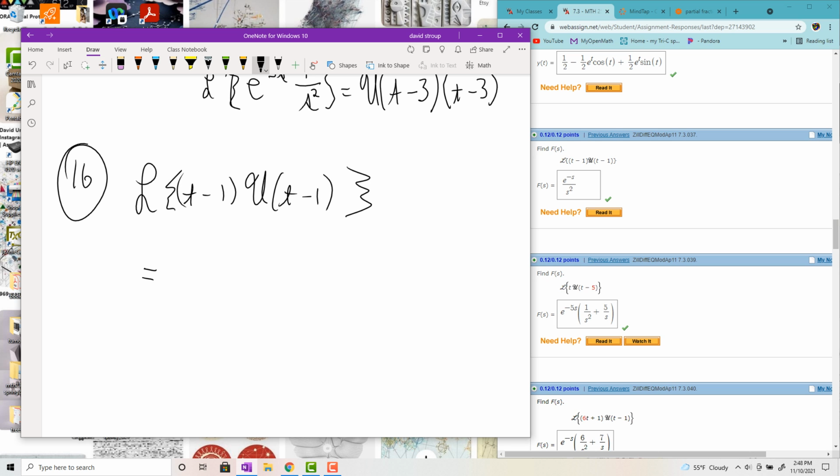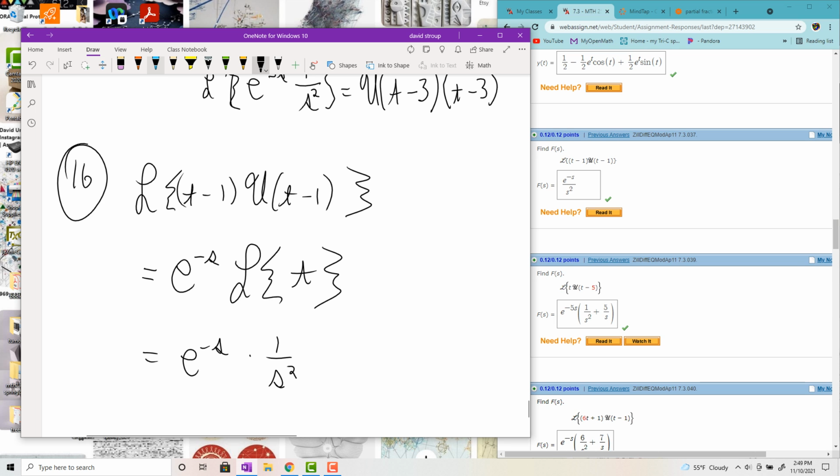Like I said, usually you'd have to do a bit of work, but this will be e to the negative s times the Laplace transform of t, and then that will be e to the negative s times 1 over s squared. So it's basically whatever this thing is, you end up having to add in 1. To rewrite it, it would be t minus 1 plus 1. That's kind of how I would approach that.